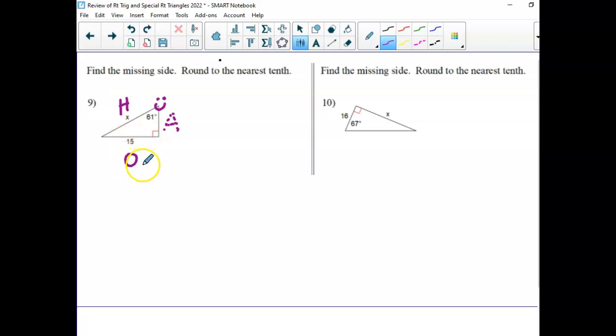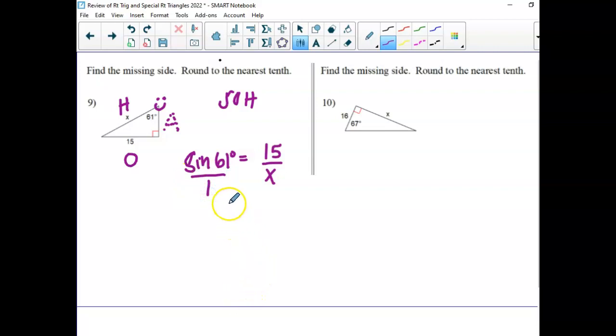This is where we have to make a choice. Which function uses O and H? Yes, we have SO for sine. Then remember the ratio actually means the sine of the angle, which was 61 degrees, equals, and it stands for opposite over hypotenuse, which on this one will be 15 over x.